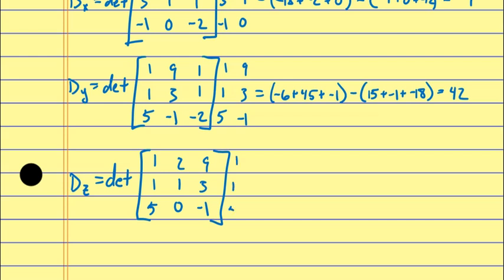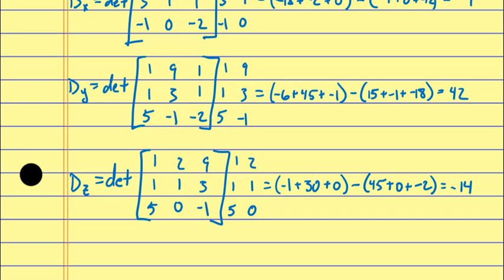And again, to make it easier to multiply out this determinant, I'm going to write those first two columns again. Okay. And so for this one, I get a -1 plus 30 plus 0 minus upward diagonals 45, 0, -2. And now I do my addition and subtraction, and I get a -14.